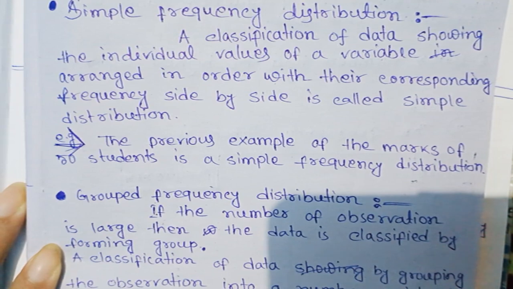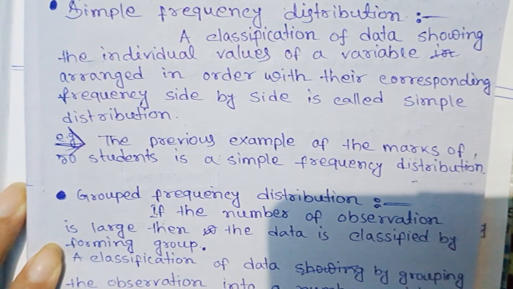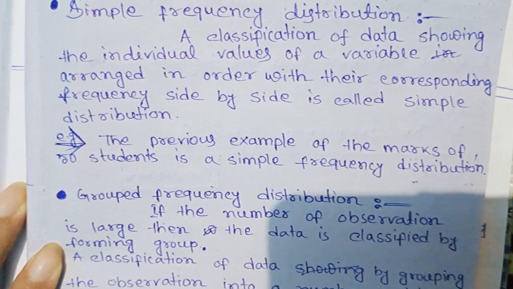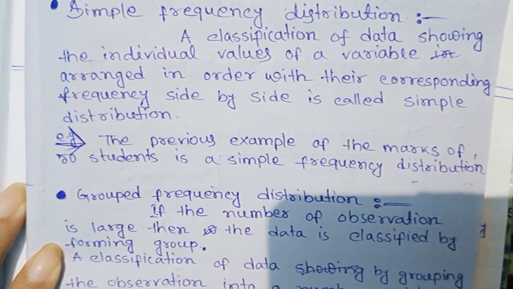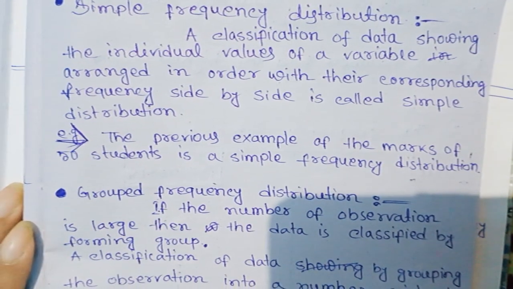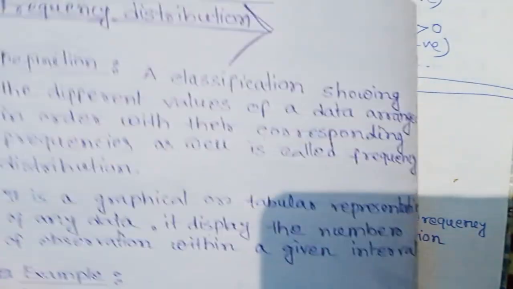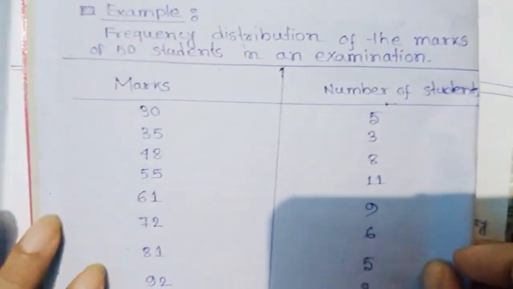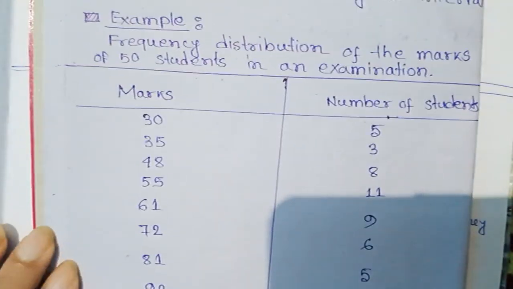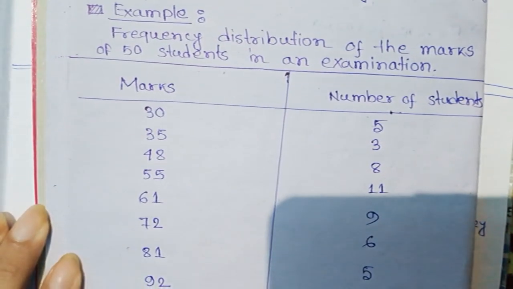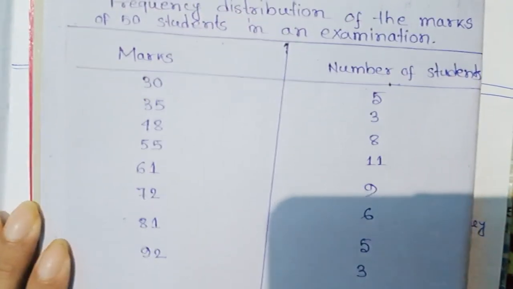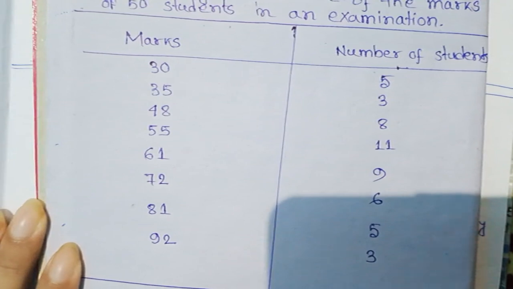Means normally if we are organizing data having separate values, then we can call this a simple frequency distribution. If we take the previous example, the marks of 50 students in an examination, this is an example of simple frequency distribution.